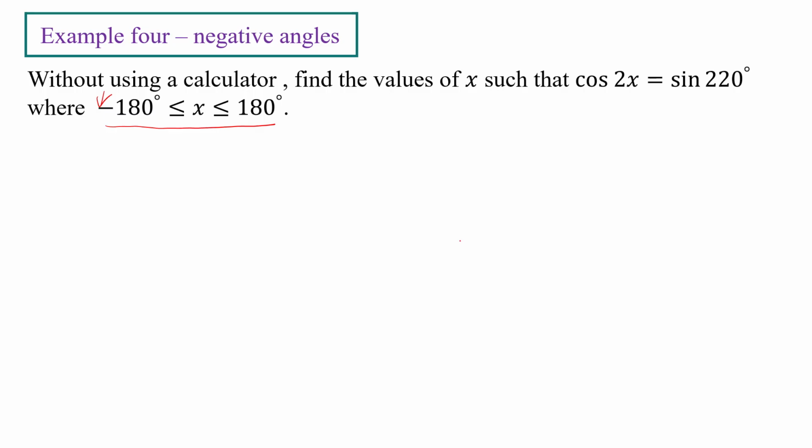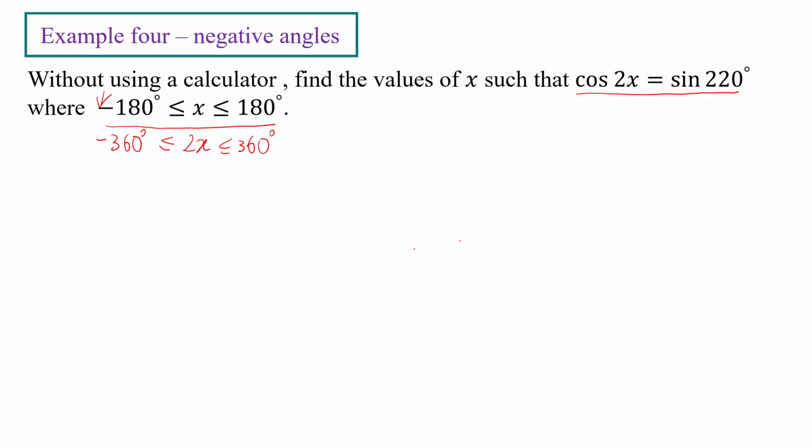We have to find the new range because of the question we are supposed to solve: cos 2x equals sine 220. Therefore, the range for your 2x will have to be between negative 360 and 360 degrees. Basically, that's one round of the circle.